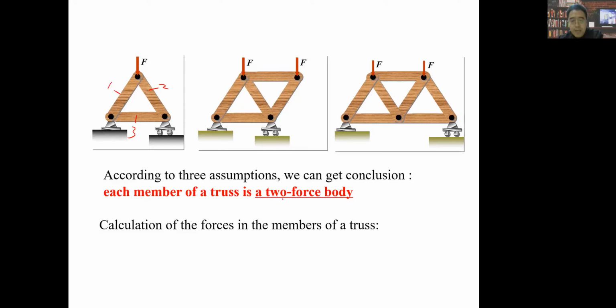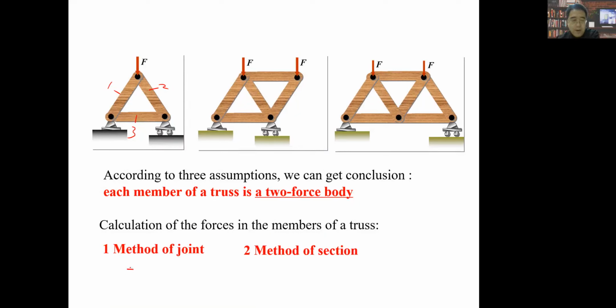If a body is a two-force body, it will quite simplify our calculation, right? So this is a very important conclusion. For calculation of the forces in the members of a truss, there are two methods. One is the method of joints.